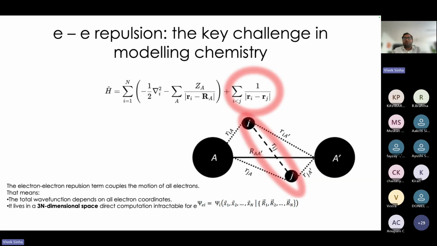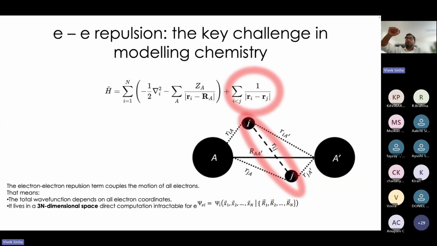There's a repulsion. So if you have n number of electrons, or let's say you have 10 electrons, if you change the position of one electron, it affects all the others, because it's a long range interaction, it can interact with all other electrons. So there is some sort of correlation that is induced. It becomes an n-body problem, which is difficult to solve. That means the total wave function that you have depends on all electron coordinates.